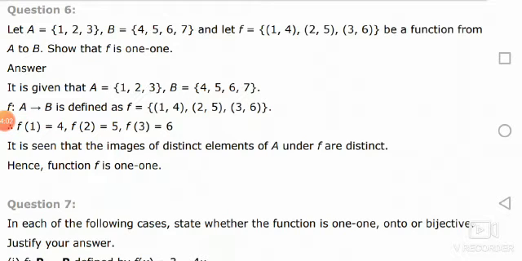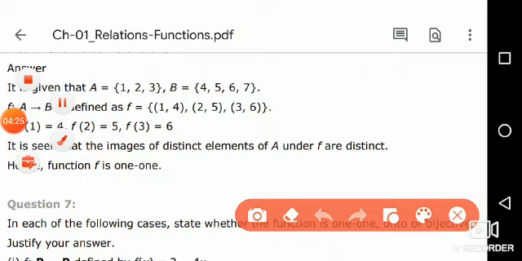Dear students, let me begin with one more question. Let A be the set containing 1, 2, 3, B the set containing the elements 4, 5, 6, 7, and let F be the set containing the ordered pairs: the image of 1 is 4, the image of 2 is 5, the image of 3 is 6.